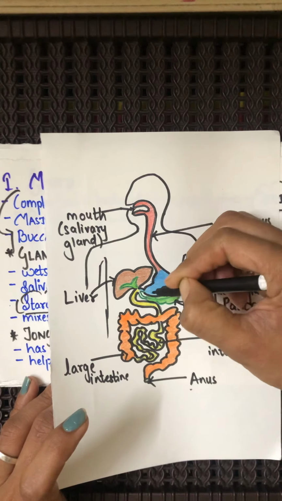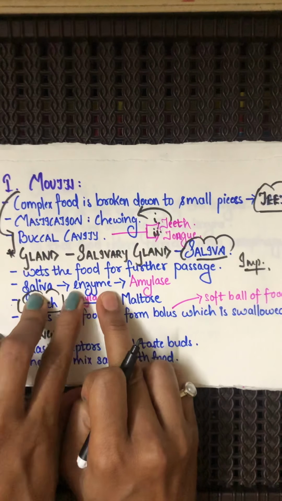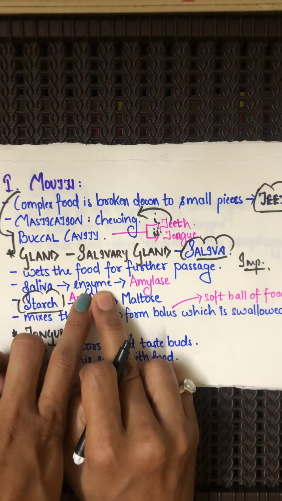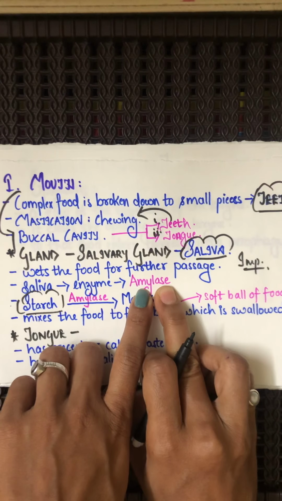The next thing is very important to understand. Saliva, the watery secretion inside our mouth, contains an enzyme. What is the name of that enzyme?